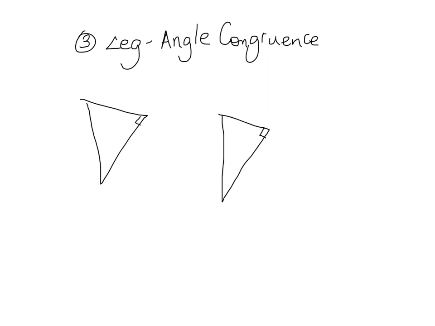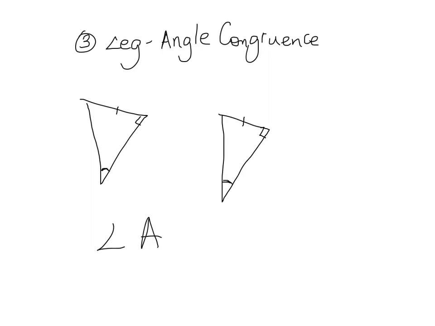If I know that one leg is congruent to another leg, and any angle other than the right angle is congruent to the corresponding angle, that is enough to tell us that our triangles are congruent. And this is called the LA congruence, so LA for leg angle congruence.